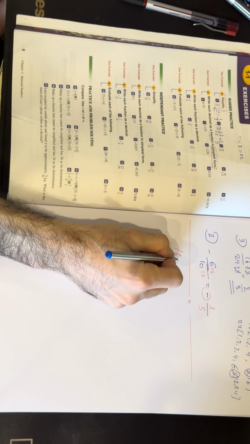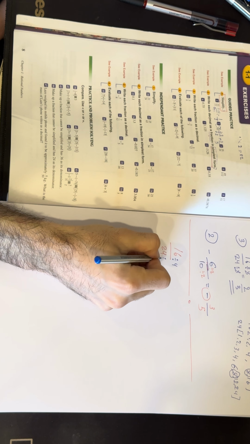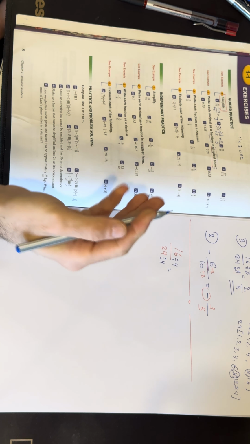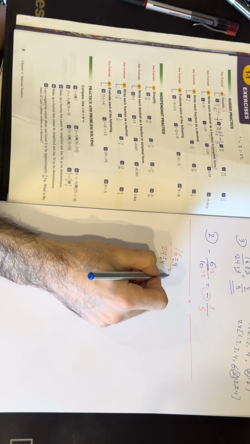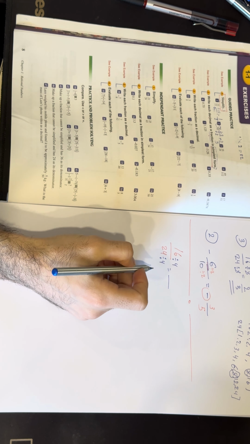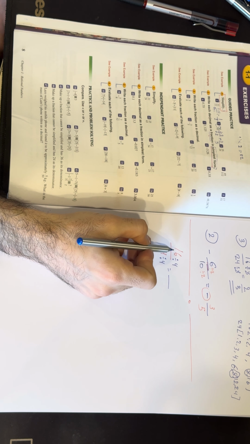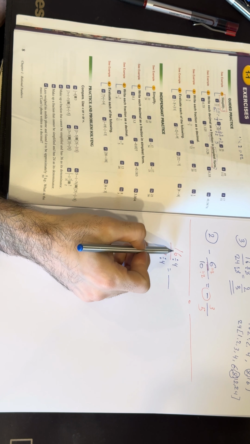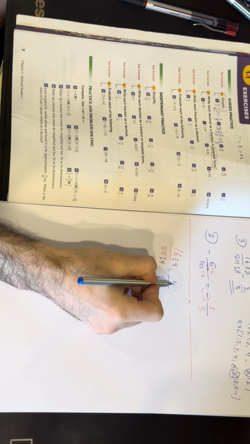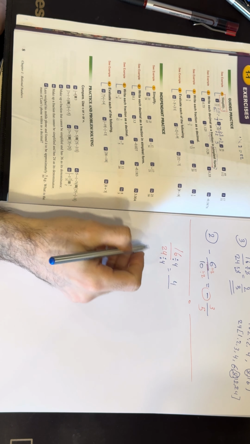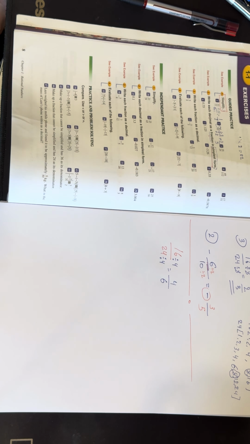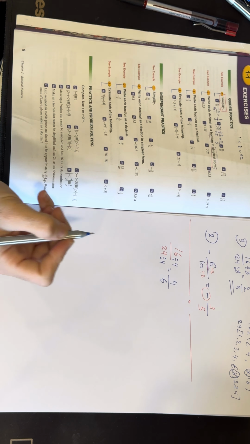Some people say, I'm going to divide it by 4. When you divide it by 4, it will not be the simplest form, but it's not wrong at the same time. So 16 divided by 4 is 4, and 24 divided by 4 is 6. So is 4 over 6 the simplest form?